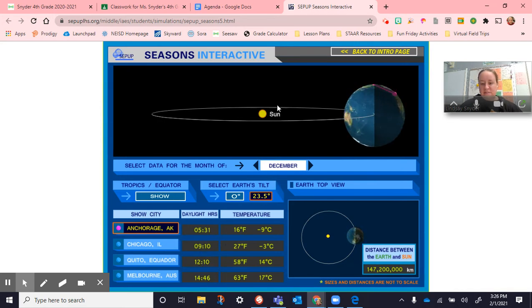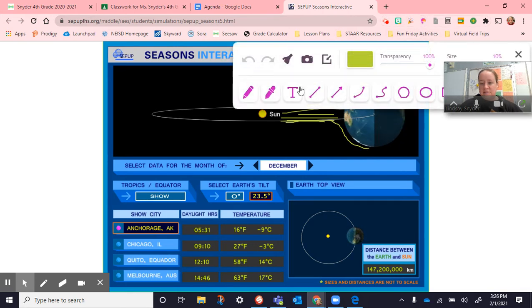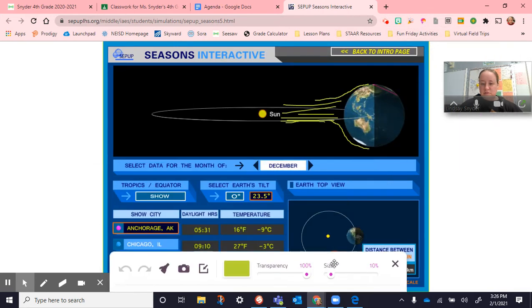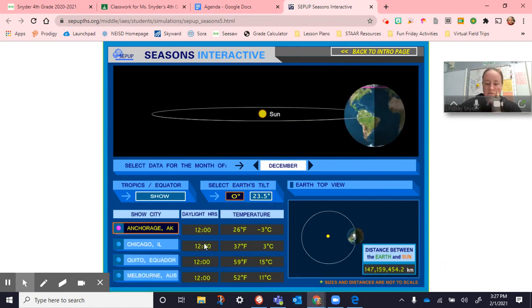And so when you have this tilt, all of the sunlight is coming across, and it has to spread out over a big distance, and all of that heat and that light has to get spread out. It doesn't change. It's the same amount going and hitting that spot, but it has to spread out over this greater distance. So you get colder temperatures and you get less daylight, versus when you turn the tilt off.